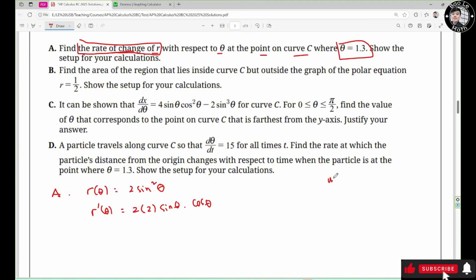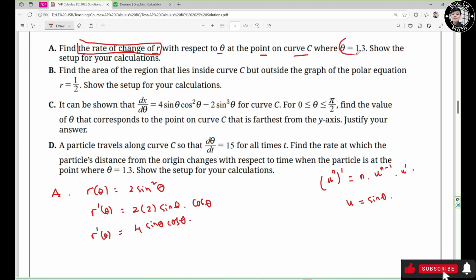Remember, you need to use the u to the n derivative, n times u to the n minus 1 times u prime, where u equals sine theta, right?